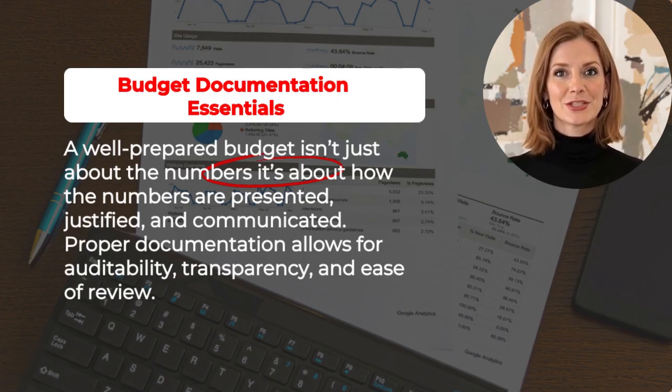Budget documentation essentials. A well-prepared budget isn't just about the numbers, it's about how the numbers are presented, justified, and communicated. Proper documentation allows for auditability, transparency, and ease of review. Standard budget package components: cover page, with title, department name, fiscal year, and preparer's name. Executive summary, a high-level overview of the financial strategy and assumptions.